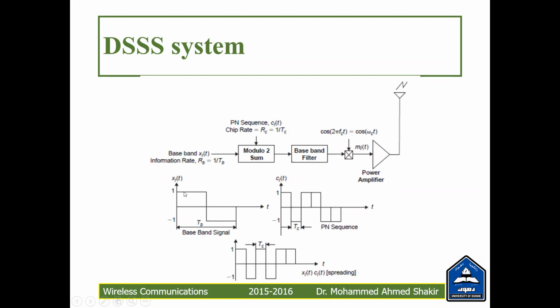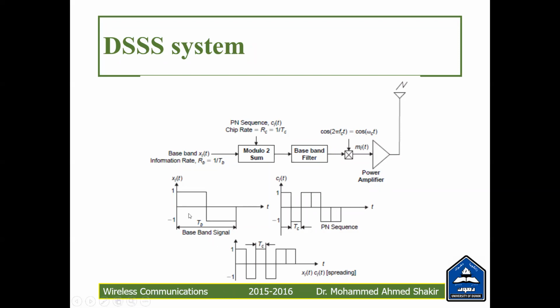Please again look at the xi of t and ci of t. There are no 1 and 0 levels. We have 1 and -1 levels. Why? Of course, to prepare the signal for, for example, binary phase shift keying or binary frequency shift keying.